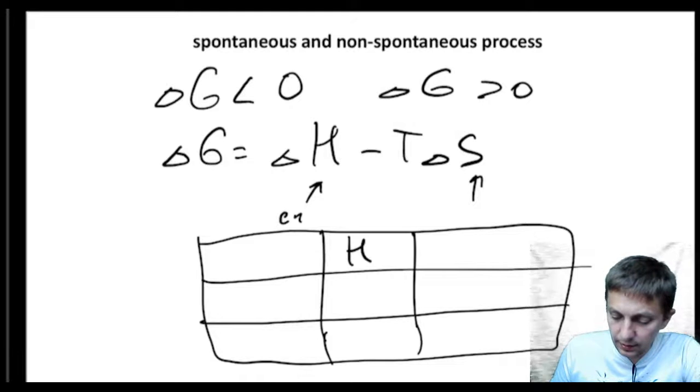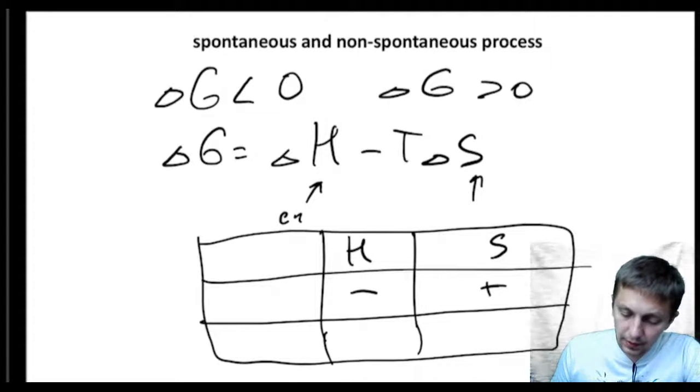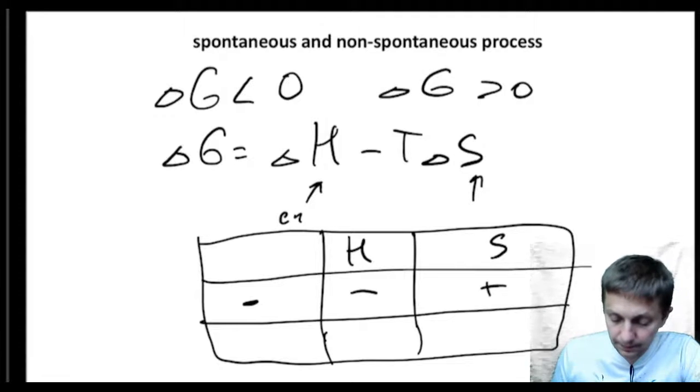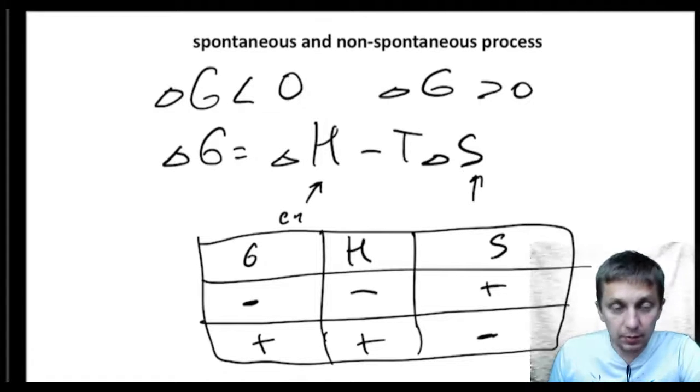Enthalpy and entropy: if enthalpy is negative and entropy is positive, Gibbs energy will always be negative. If enthalpy is positive and entropy is negative, Gibbs energy will in any case be positive and the reaction will not be spontaneous.